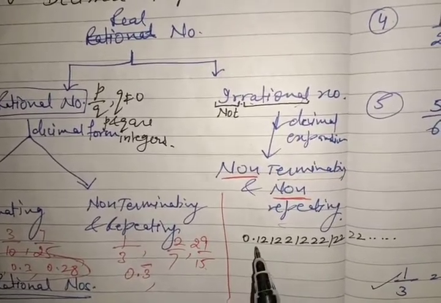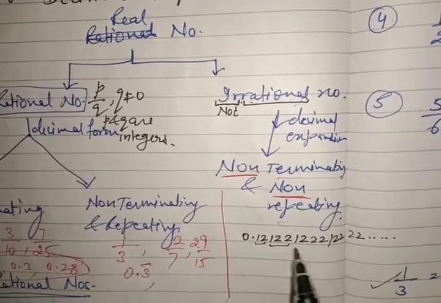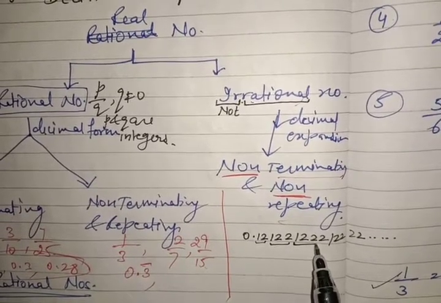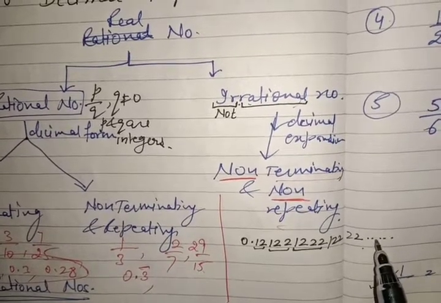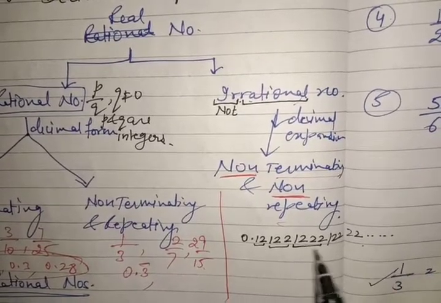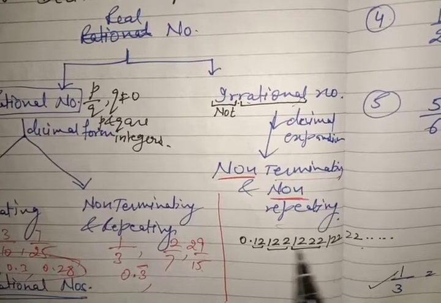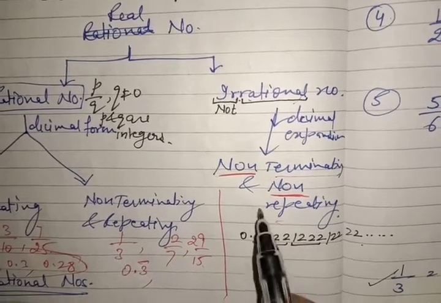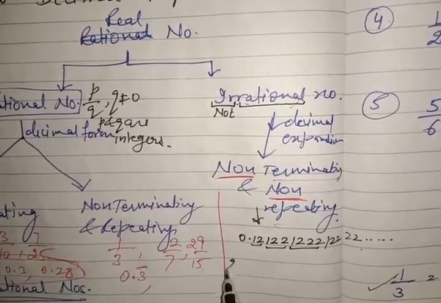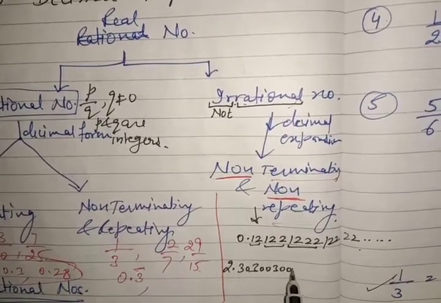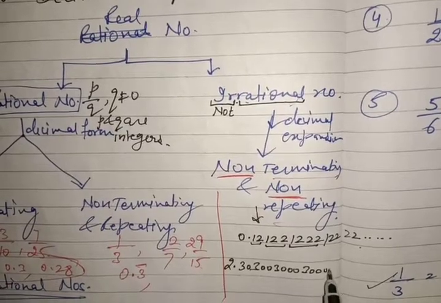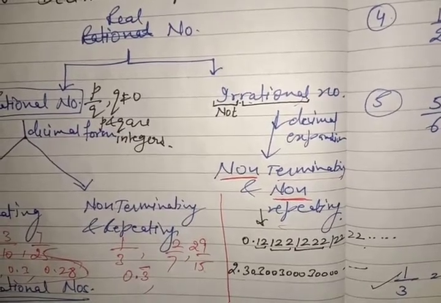Just see here, this 12, then 122, then 1222 and so on. And this dot represents non-terminating, and non-repeating means nothing same is repeating here. One more example I can write: suppose 2.30, 300, 300, then 3000. This is non-terminating and non-repeating.